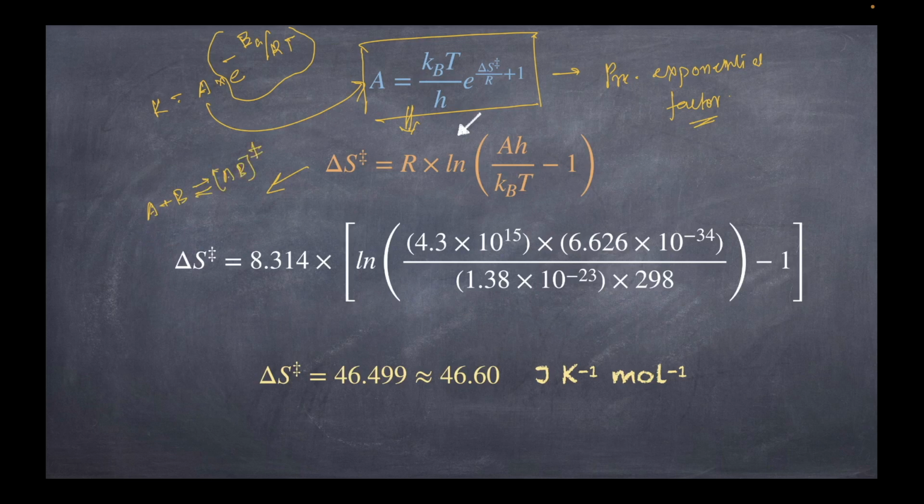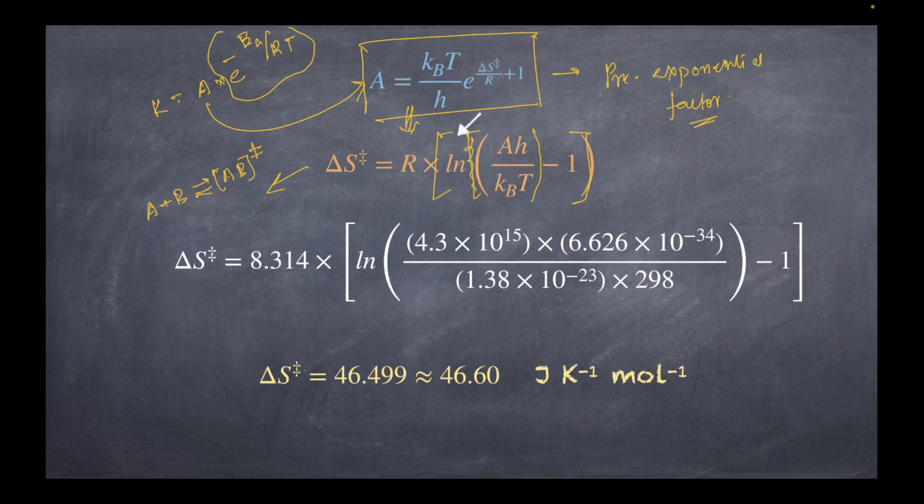So the entropy of activation will be R times ln of the first bracket, which will be this. So delta S double dagger will be R times ln, in base e, of Ah divided by kBT, minus 1. So let's put all these values.